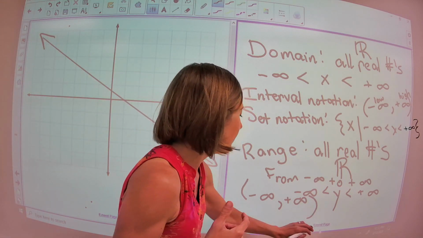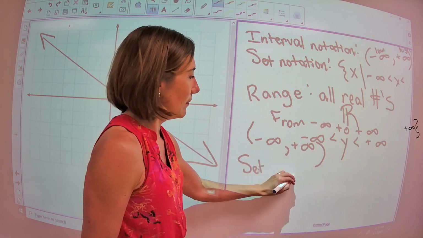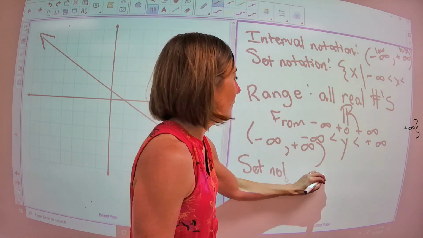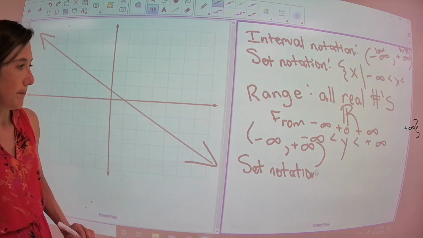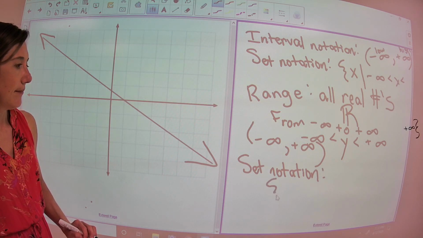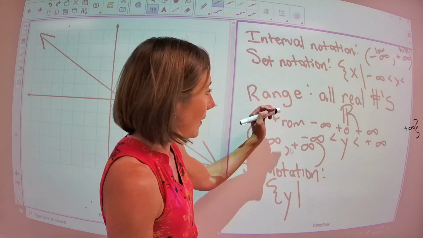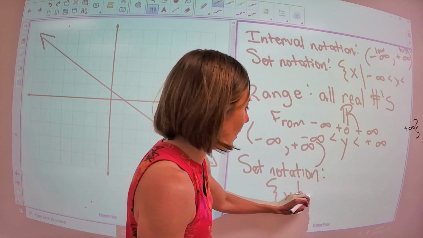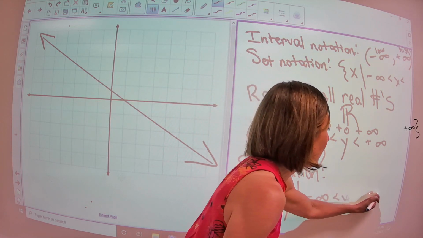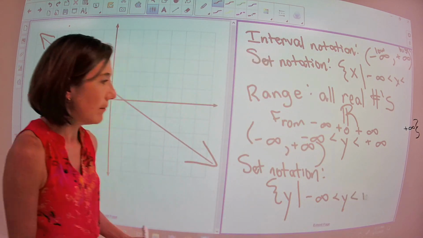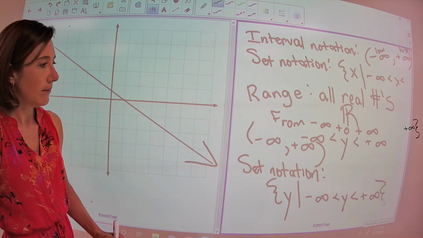And then for set notation, it will be the set of all y's such that, and then I'm going to copy this inequality down here. Negative infinity is less than y is less than positive infinity.